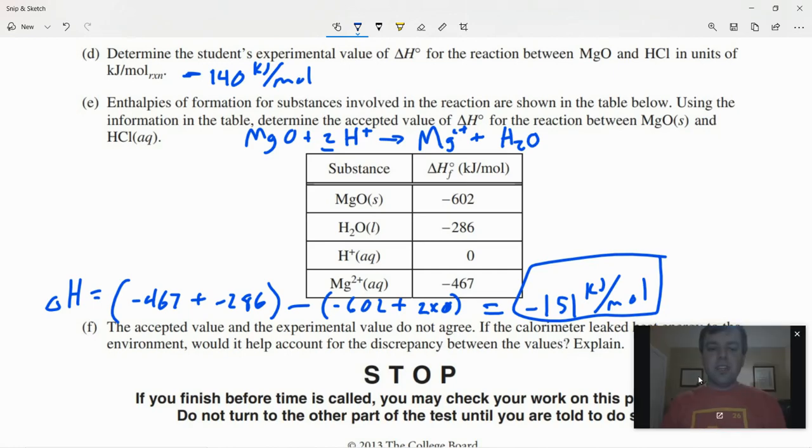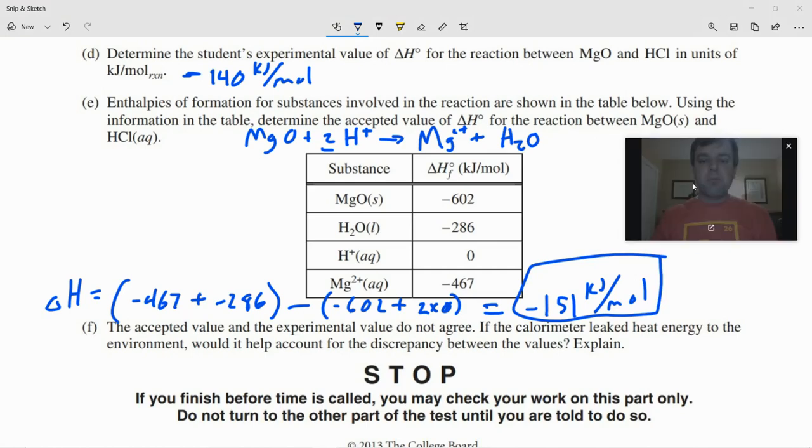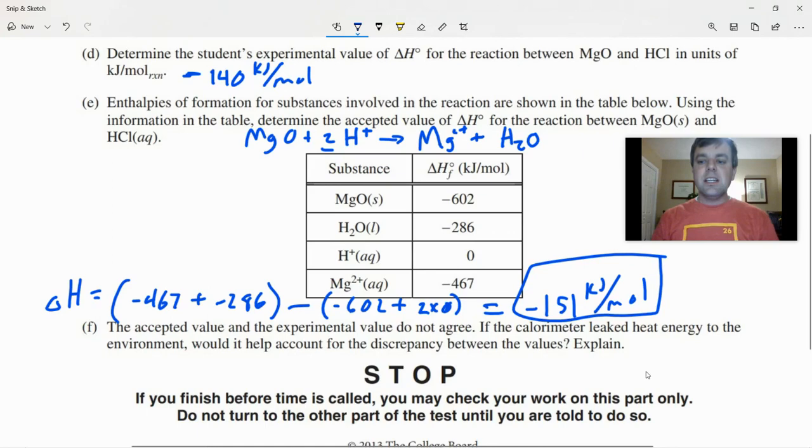And then it says the accepted and experimental values do not agree. If the calorimeter leaked heat energy into the environment, would that help account for the discrepancy between the values? Well, ultimately, if it leaked heat into the environment, then that would cause the temperature to not have increased as much in that experiment.